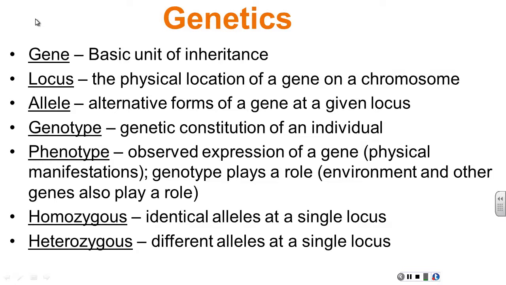The first is gene. And the definition we're going to use is a basic unit of inheritance. Gene is probably the one definition that we're going to use in here that's not really super well defined, because what is a gene has changed over time. Now that we understand in eukaryotes how genes work, and that enhancer regions could potentially even be on different chromosomes, it becomes very hard to define a gene.